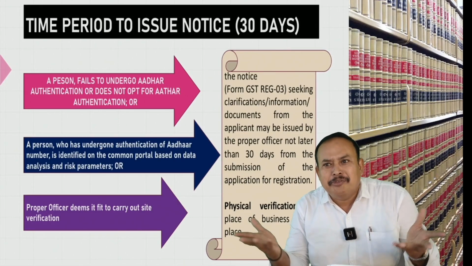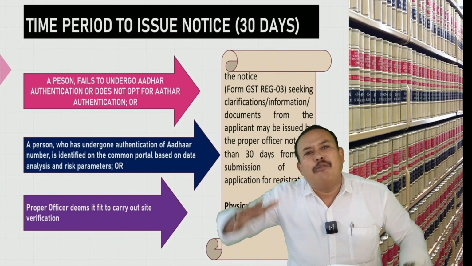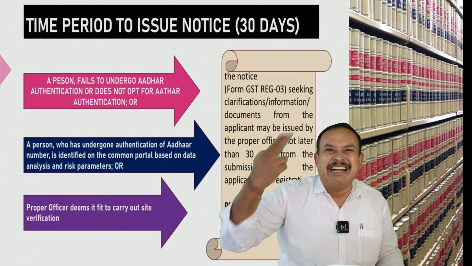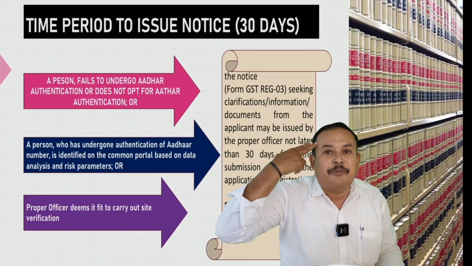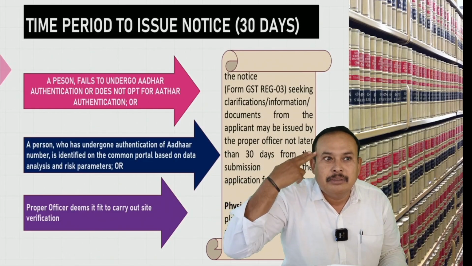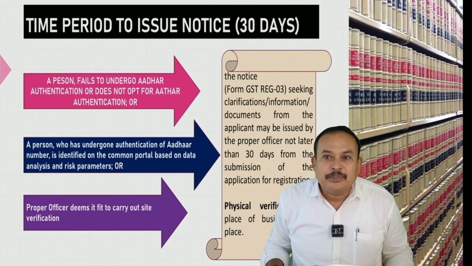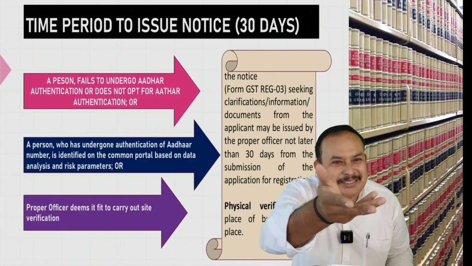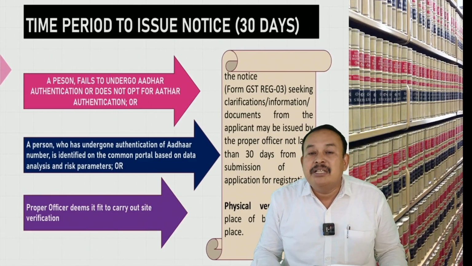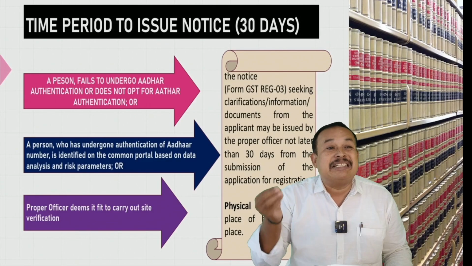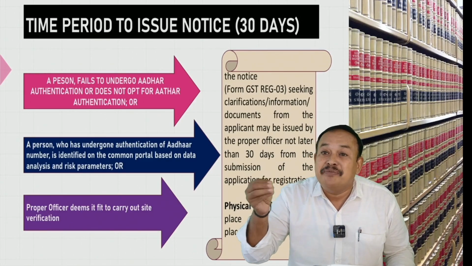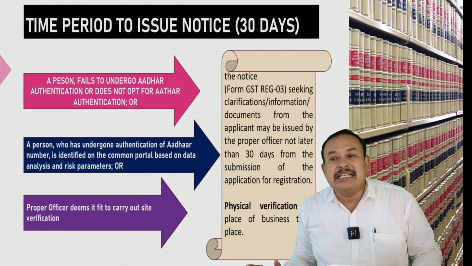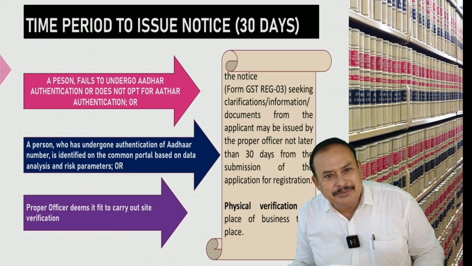If he is present, he will put a gun on the head of the officer and say, take the photos as if I am existing. Best not to be present. Somebody asked, I have given a funny doubt, a funny answer. The law says physical presence of the applicant is not required for physical verification of his premises. Is that clear? Got the clarity?